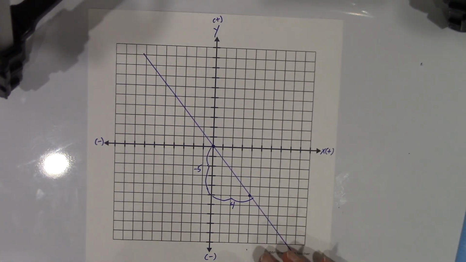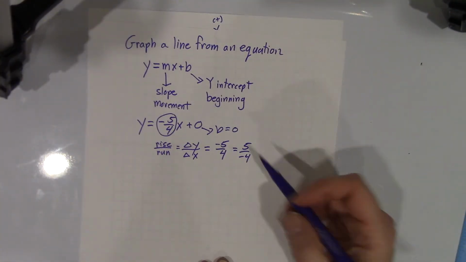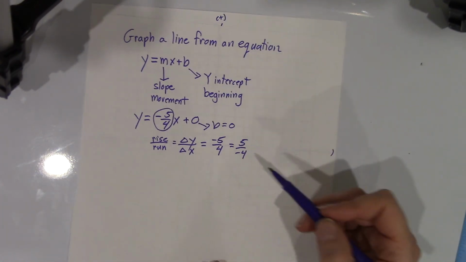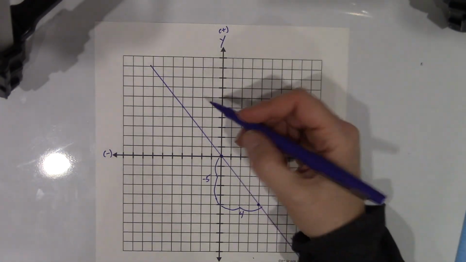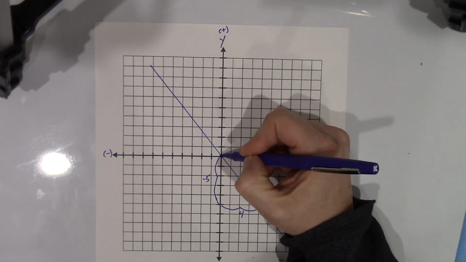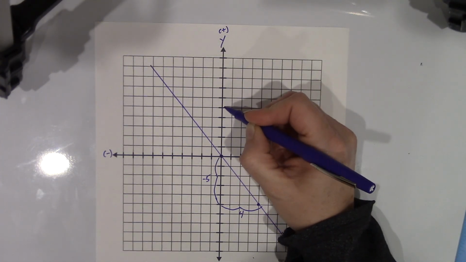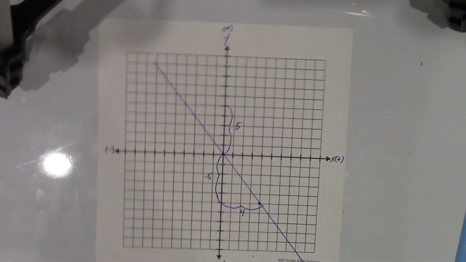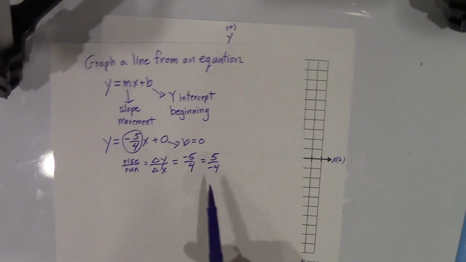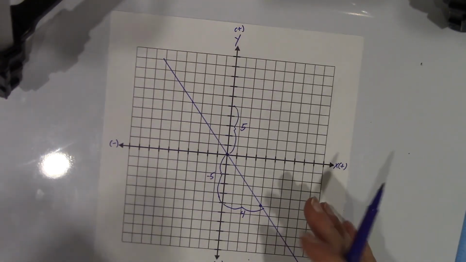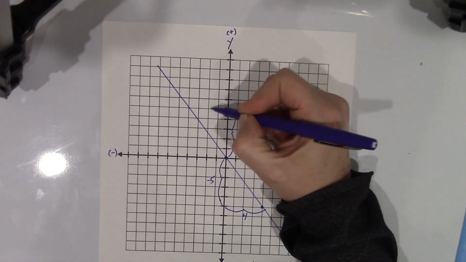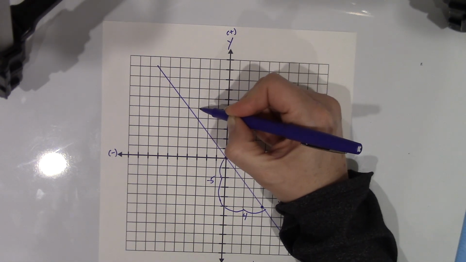All right, let's try it using 5 over negative 4, and let's see if that gives us the same line. We're going to try the slope of 5 over negative 4. That means we have a positive rise of 5, so 1, 2, 3, 4, 5, and then a run of negative 4, so we go to the left 4: 1, 2, 3, 4.